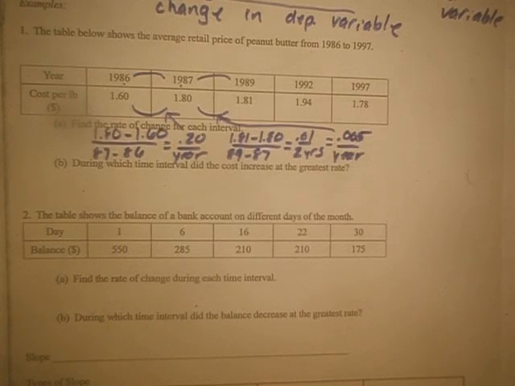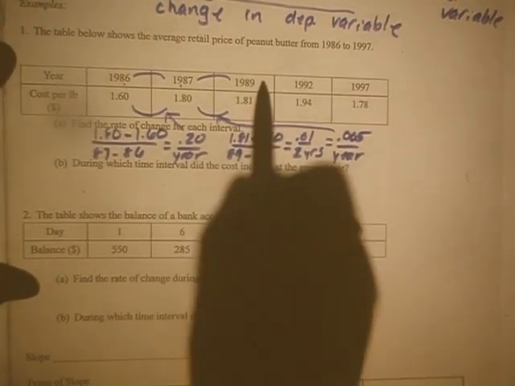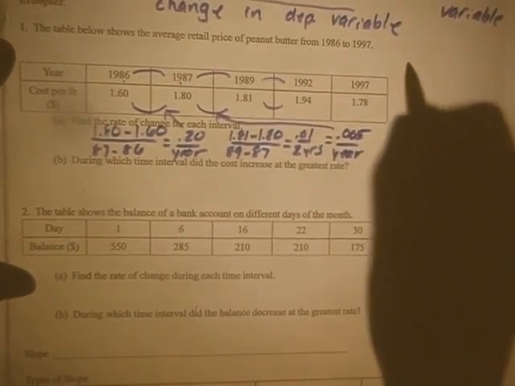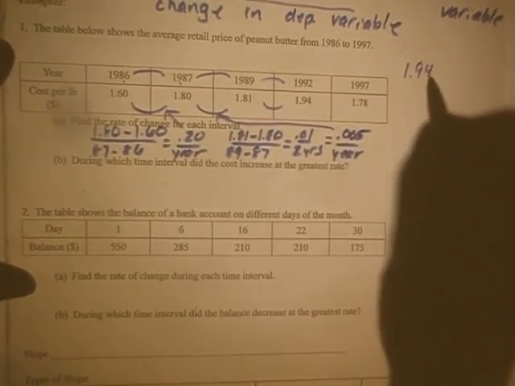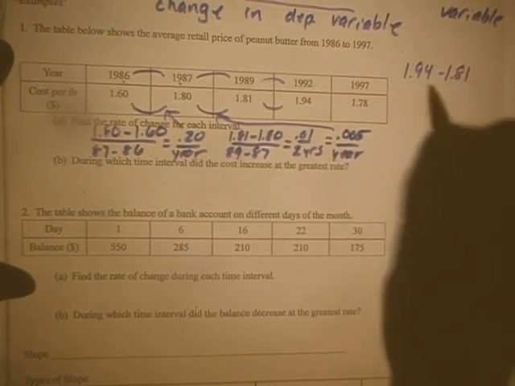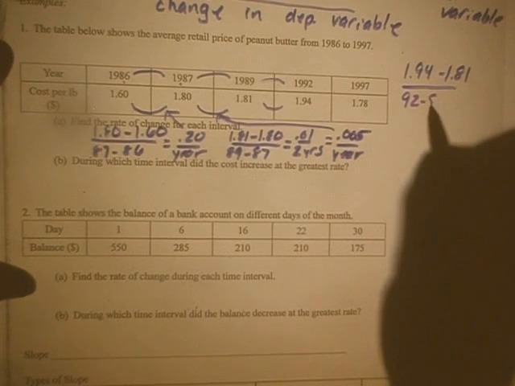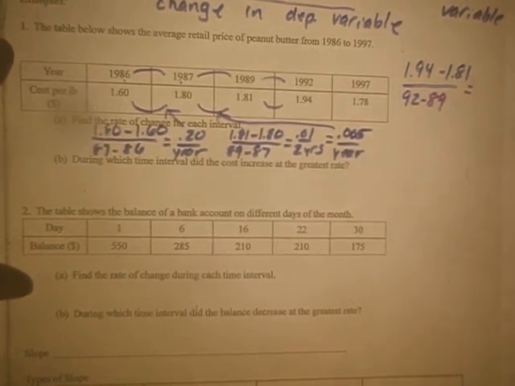Our third interval, we're going to look right here between 89 and 92. So we will have $1.94 subtract $1.81 over 92 subtract 89.